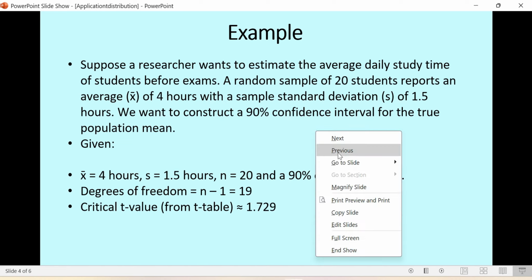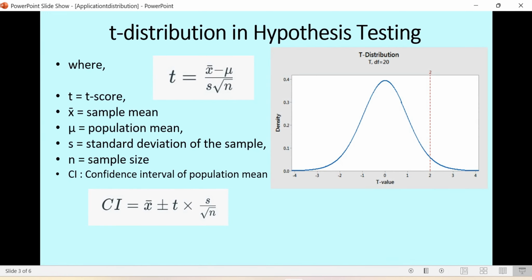If we look at this page, we get about 1.729 here, because we set a 90% confidence interval, which means the central part of this curve will have 90% probability. So this value is about 1.7 here, because there is 5% on this side and 5% on the other side.